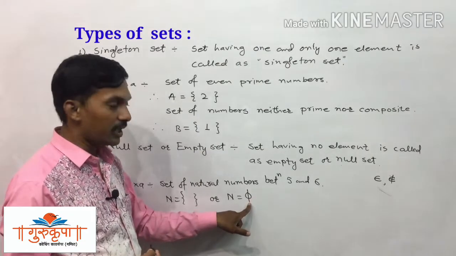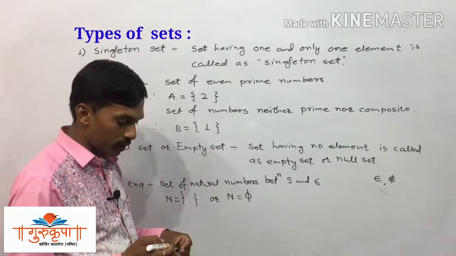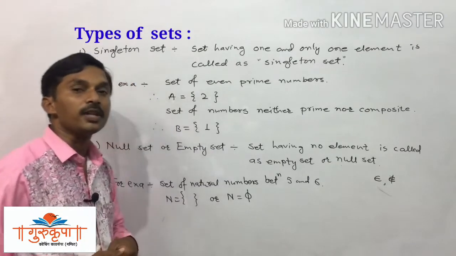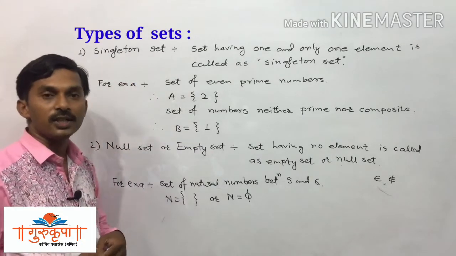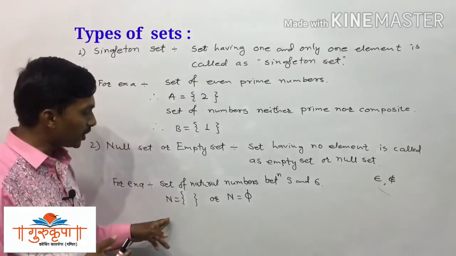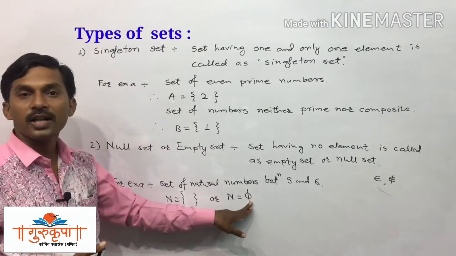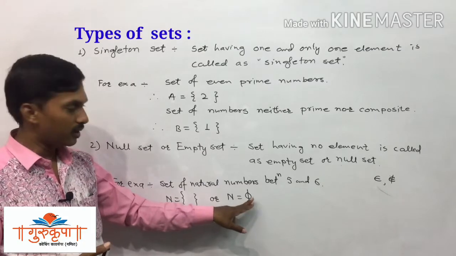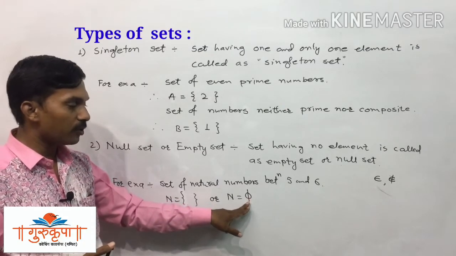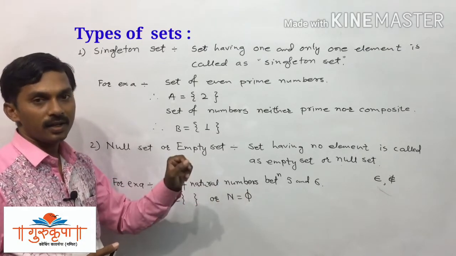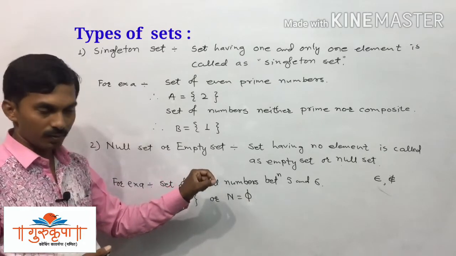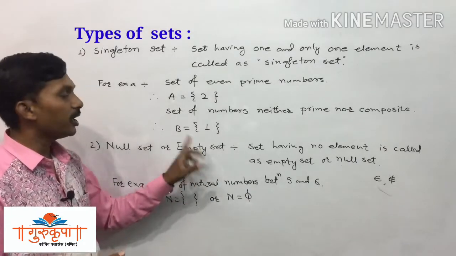This is represented as phi, and it is used to represent the empty set. When the set is empty and we have to represent that set, at that time we have to use this symbol which is called phi. We use it to show the empty set only.